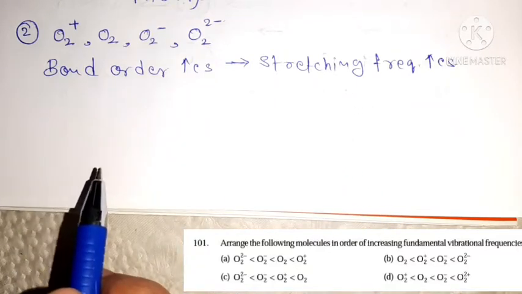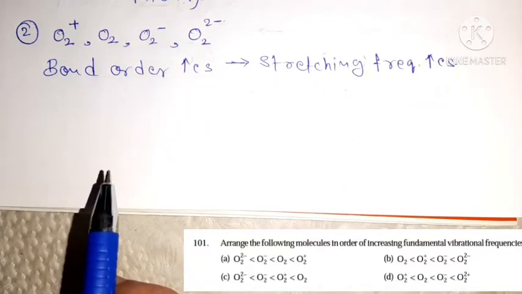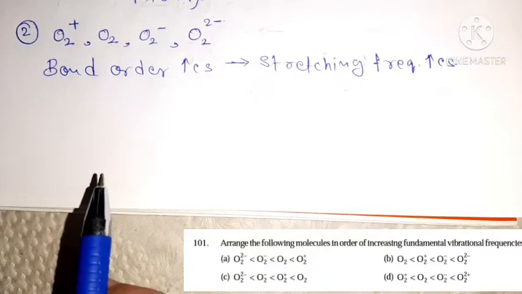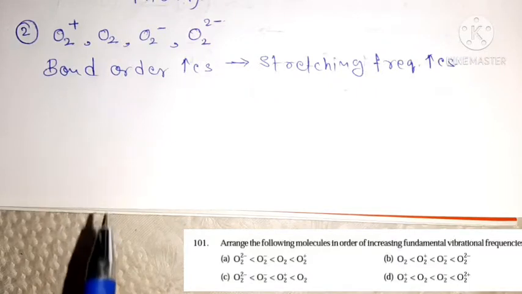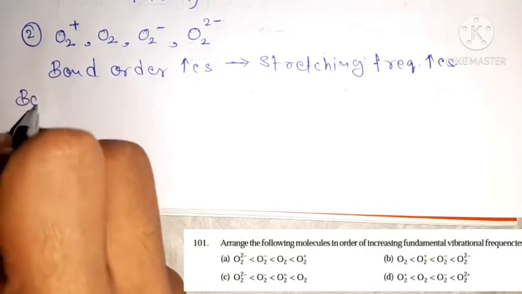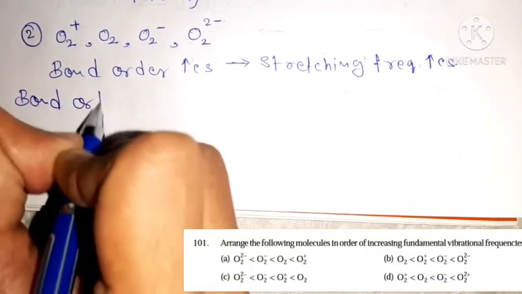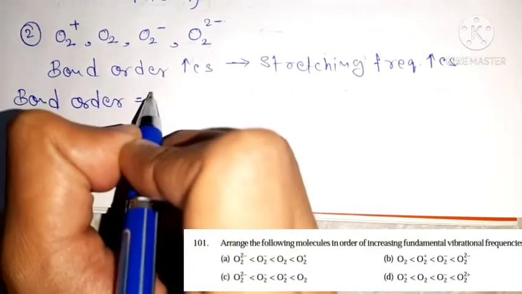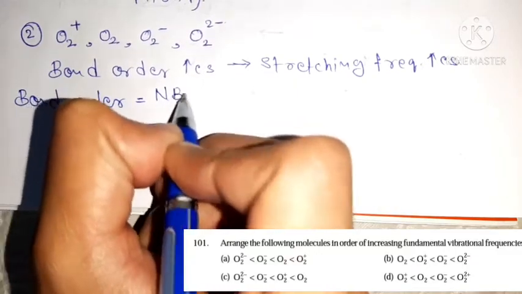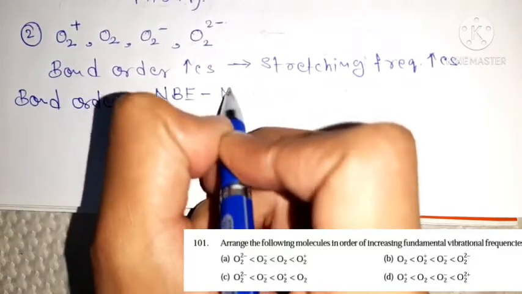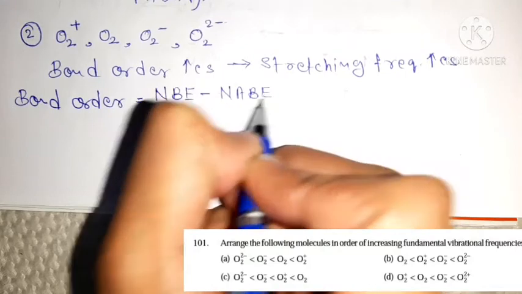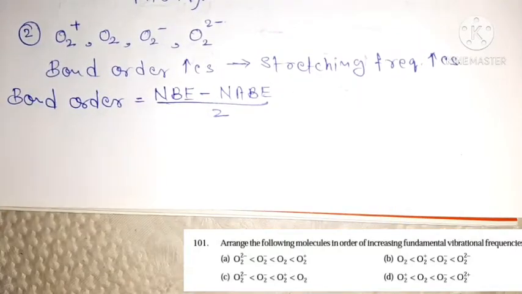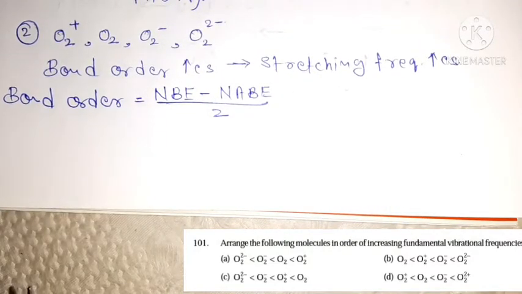Here we must find the bond order with the help of molecular orbital theory. And you know the formula for finding bond order is the number of bonding electrons minus the number of anti-bonding electrons, divided by 2. This is the general formula for finding the bond order of any species.